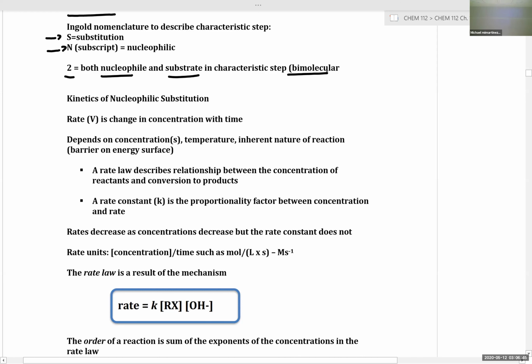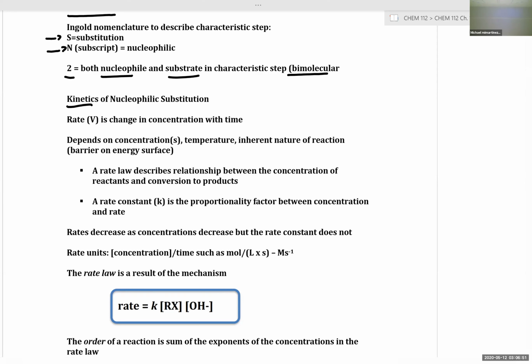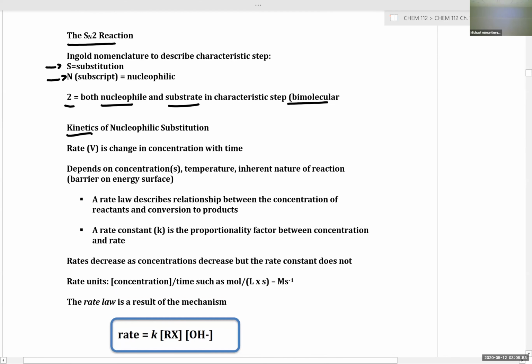So let's talk about kinetics really quickly, as a lot of these reactions were classified by studying their kinetics and determining their rate law. The rate is the change in concentration with time.